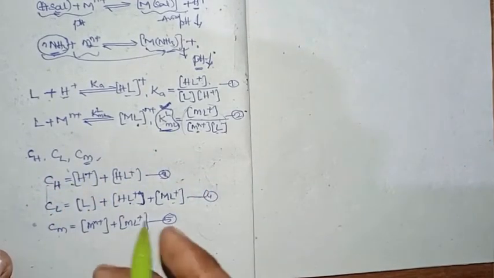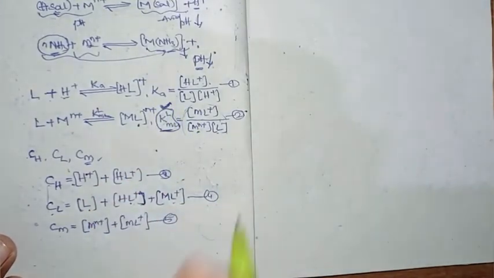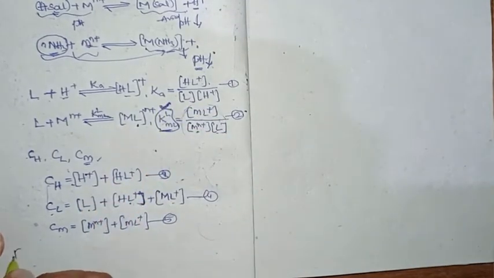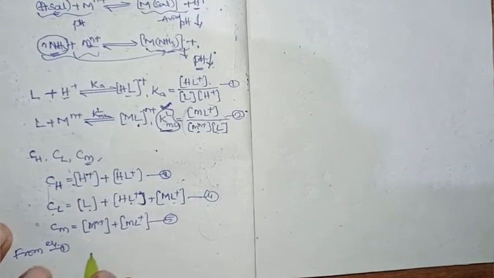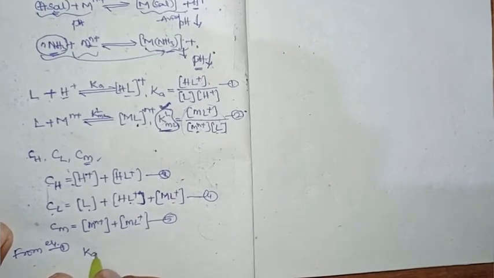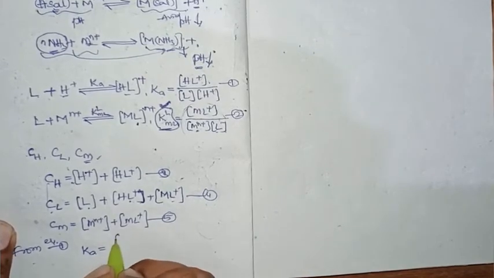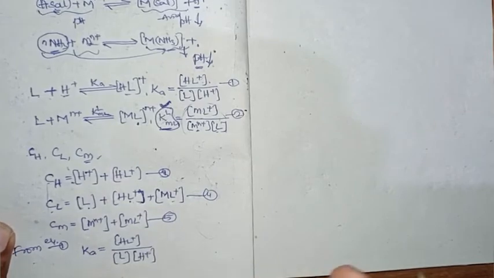So now from equation 1 we can write that the association constant Ka can be equal to the protonated ligand complex concentration divided by the remain ligand concentration times proton concentration, right?